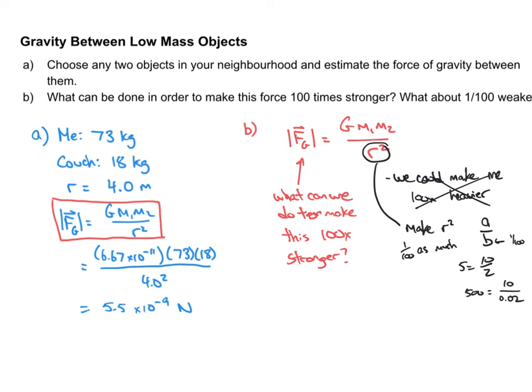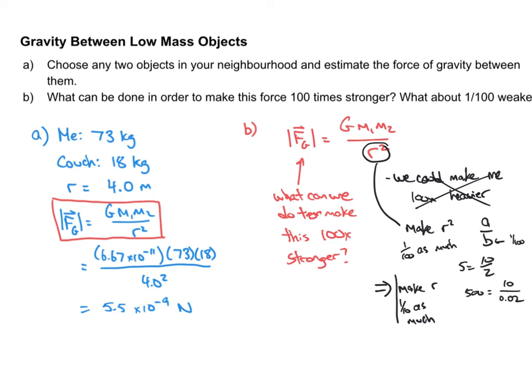So does that just mean I close the distance between me and the couch by 1/100th? No, because r is actually squared. So I actually need to make r not 1/100th as much, but just 1/10 as much.